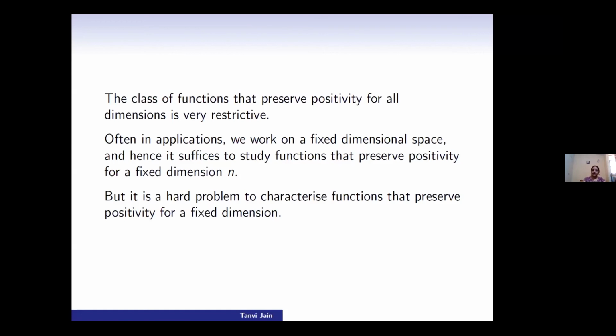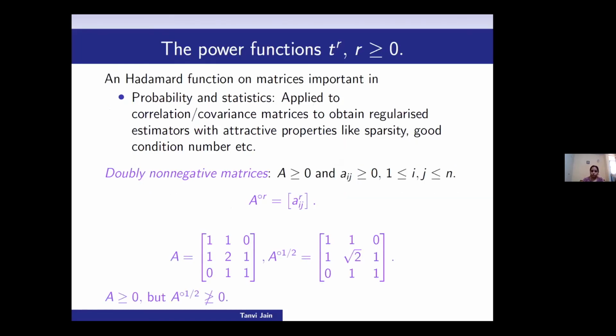So now we'll turn to one specific function that proves to be quite important when we are talking of probability and statistics. It was first studied in the context of the Weber conjecture, and also, to regularize data, it's important.